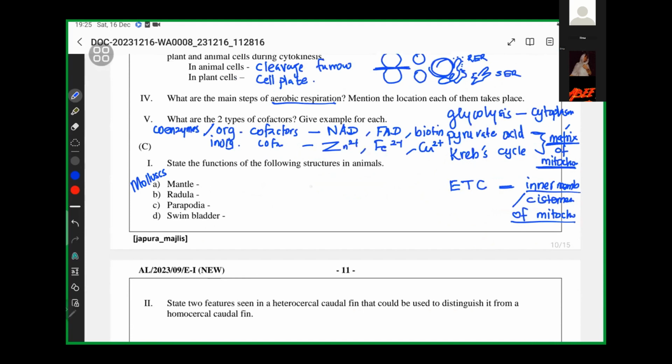Okay, mantle is a covering of the body, covering of the shell. So if this is the shell, it is the one who produces the shell. So the function of mantle is to synthesize the shell.